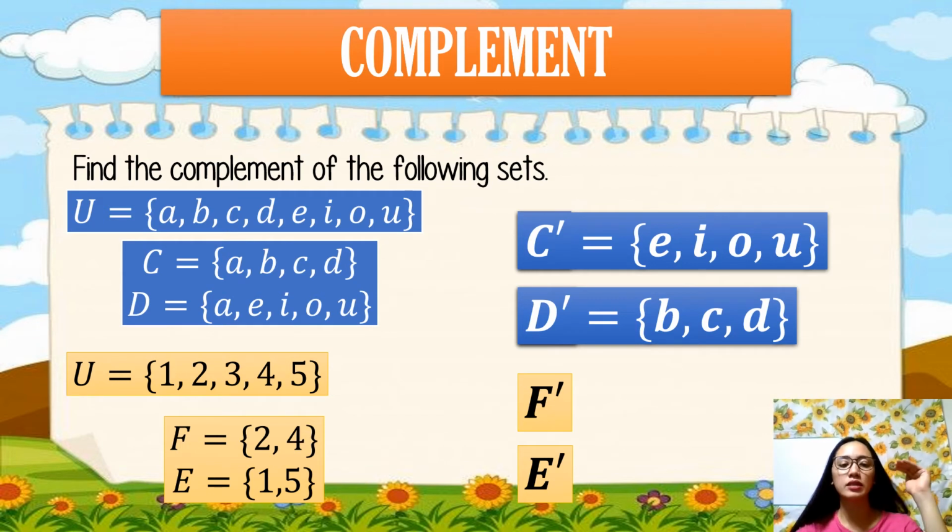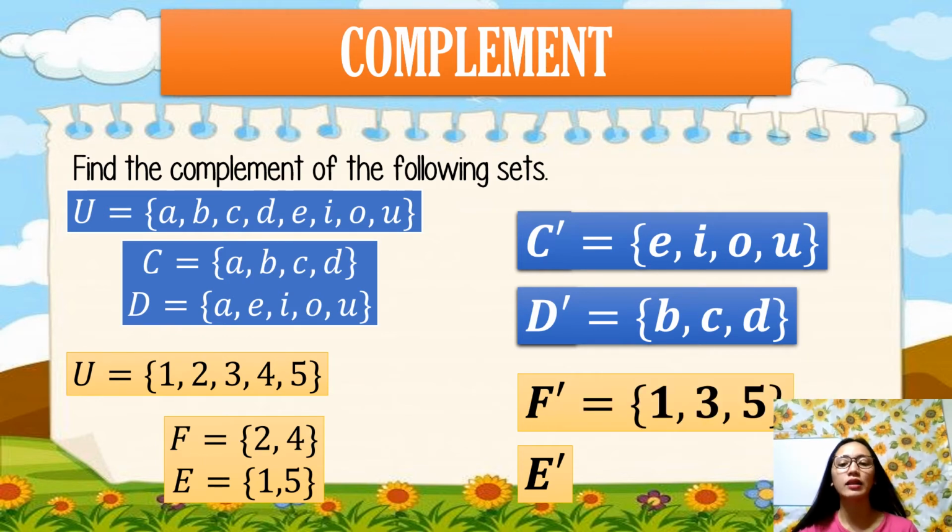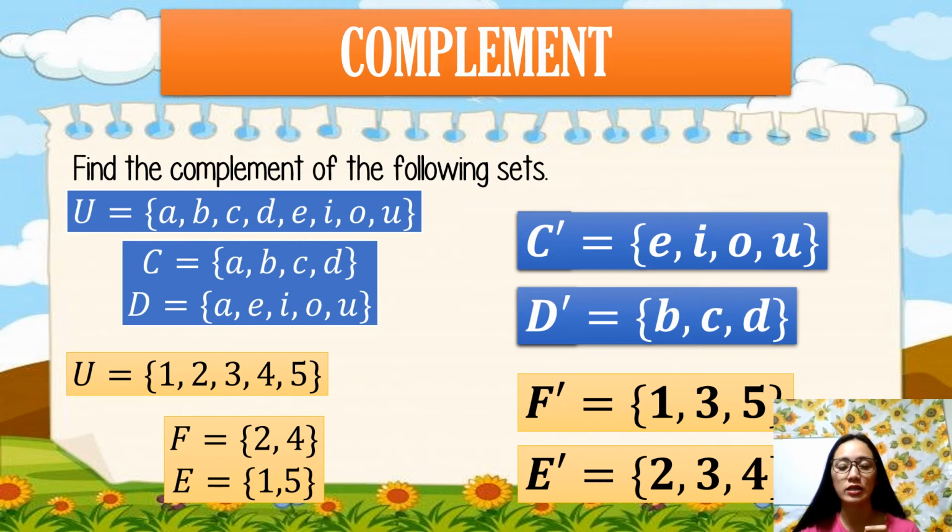So, they are in the universal set, but not in the given set. Therefore, the complement of set F is 1, 3, and 5. And the complement of set E is 2, 3, and 4. So that is the complement as an operation on a given set.